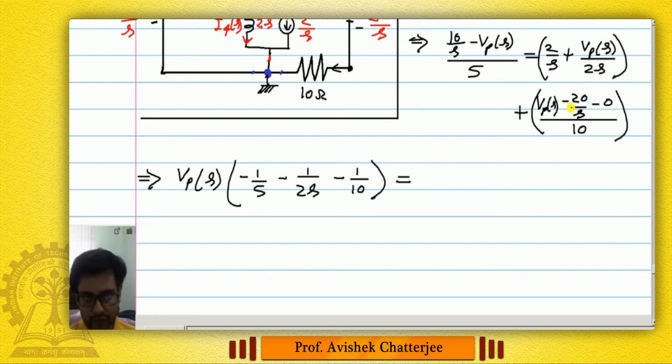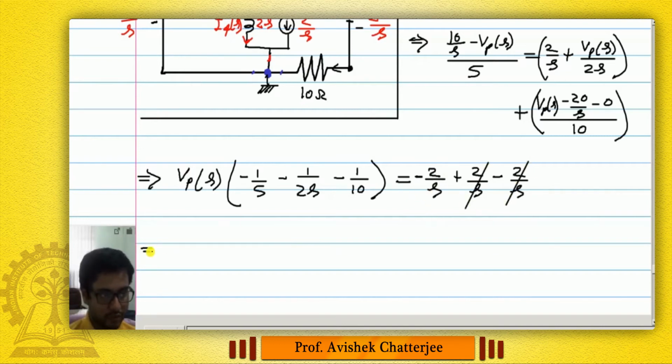So here we have minus 2 by S, this term, then plus 2 by S, this one, then here 2 by S, right side minus 2 by S. So one of them can be cancelled.